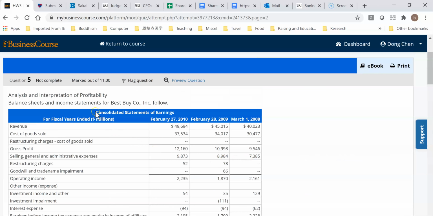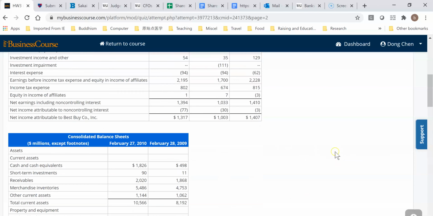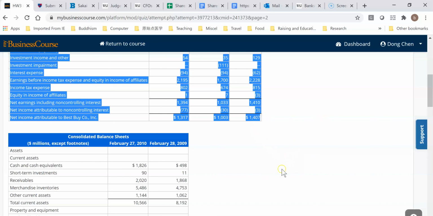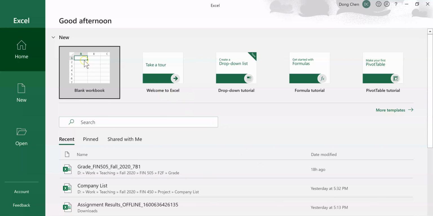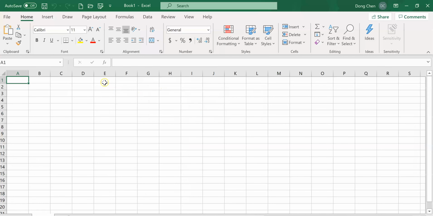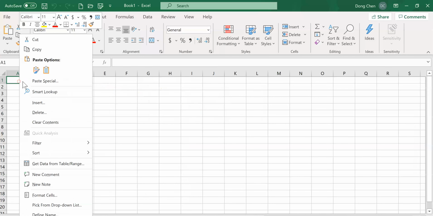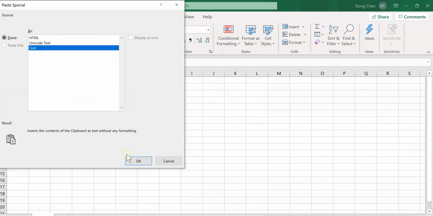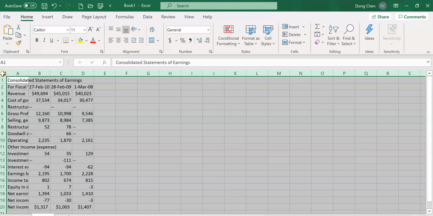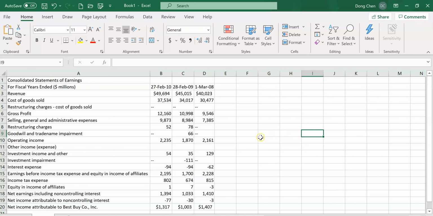So as usual, I would like to copy the financial statements to Excel in order to facilitate the calculations. So paste the special text, and I want to double check all the answers and probably get rid of this dashed symbol, because sometimes if you don't get rid of them and you do the calculations, you may get an error message.